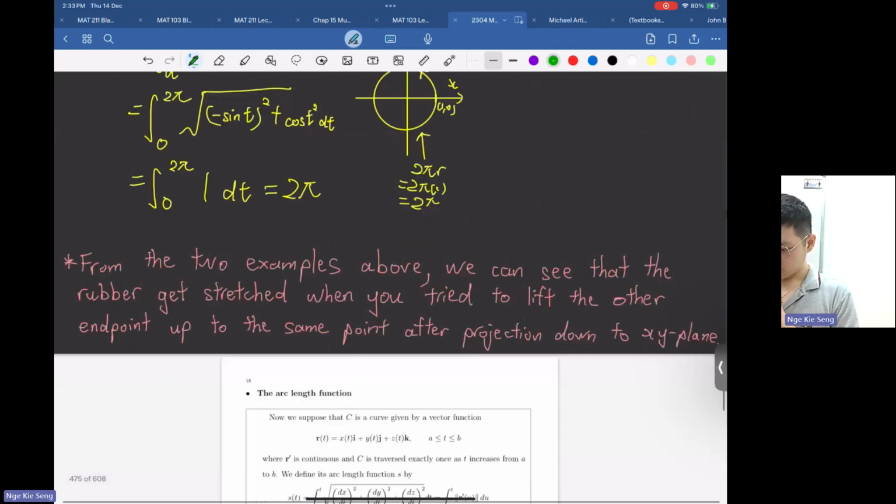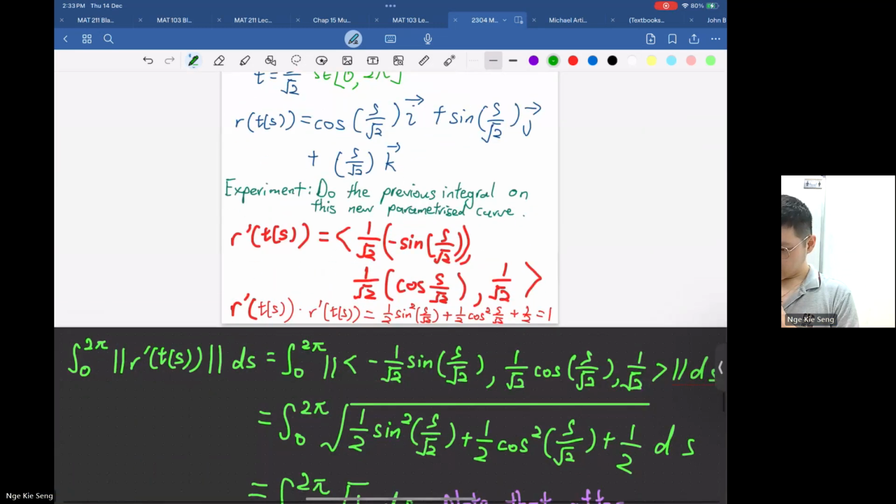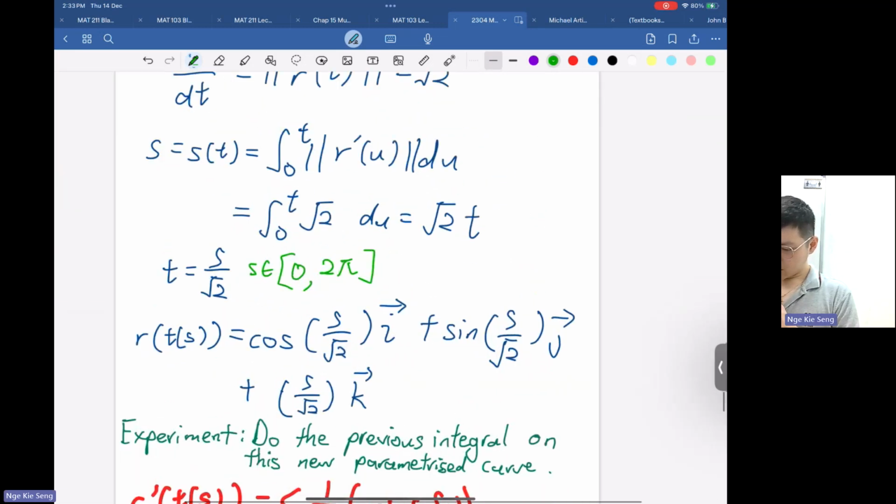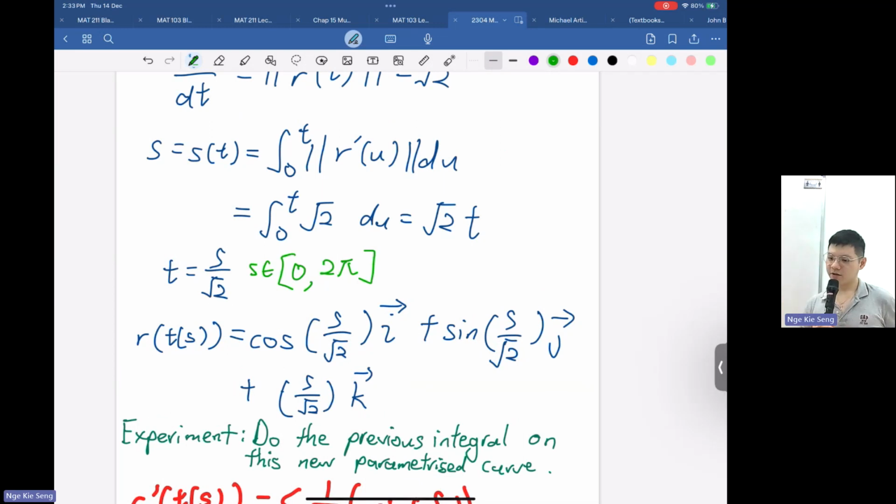What did I do here? So what am I doing here? So if I change, my t is going from 0 to 2 pi.